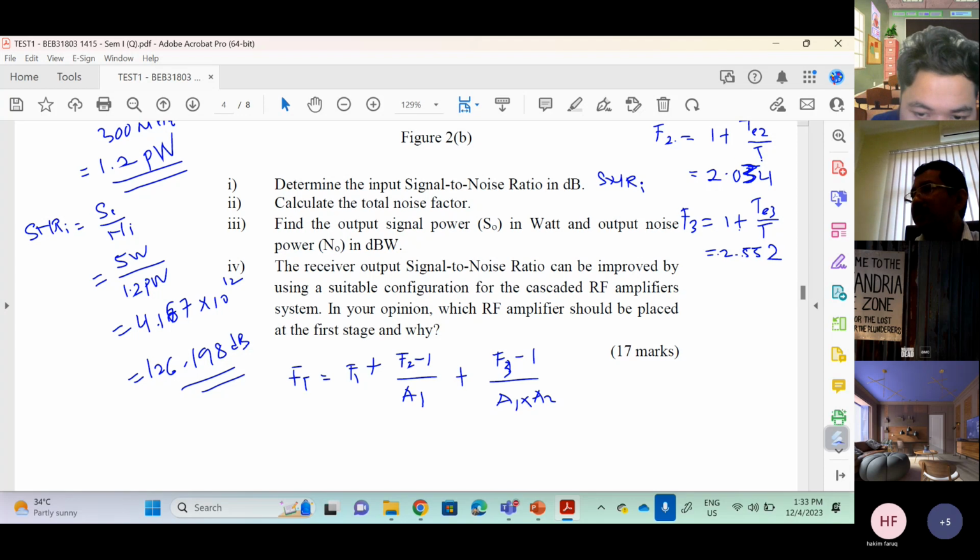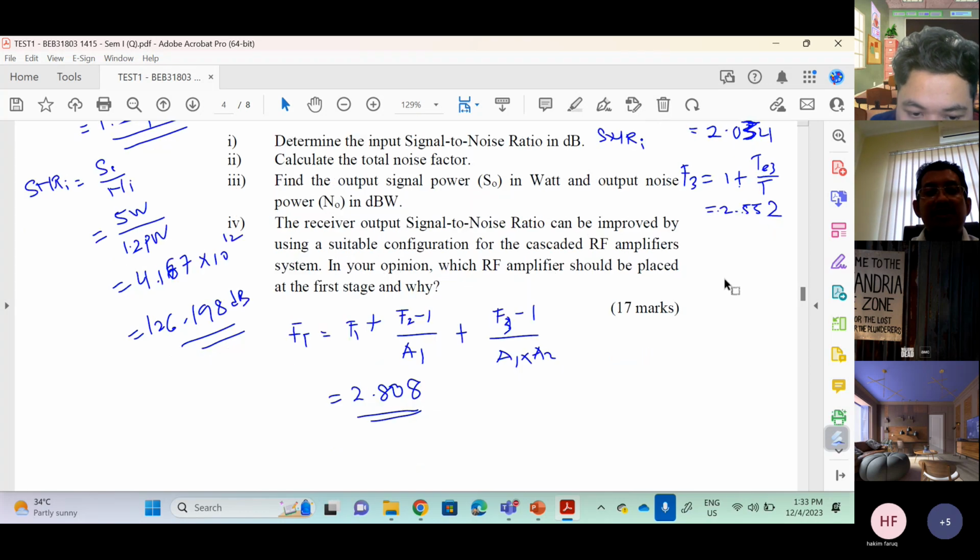So ini kalau you masukkan ke dalam values ni, you akan dapat nilai bersamaan dengan 2.808. Okay, boleh cuba nanti. Sebab kita kesuntukan masa, saya nak terangkan tentang projek. So, you kena cuba selepas ini, you kena cuba sendiri.